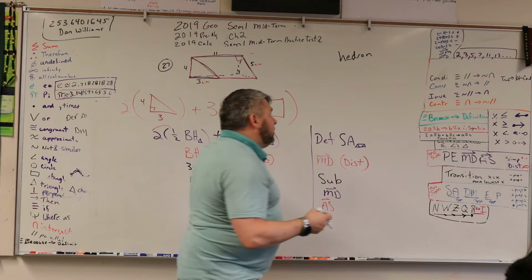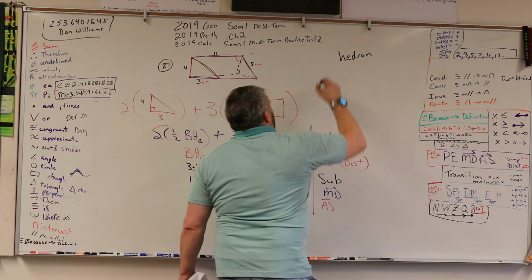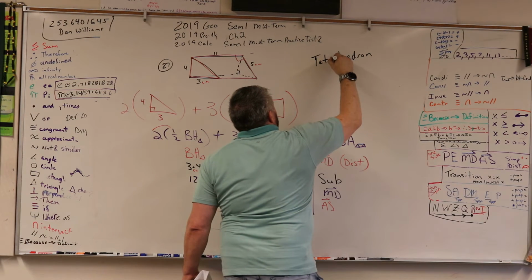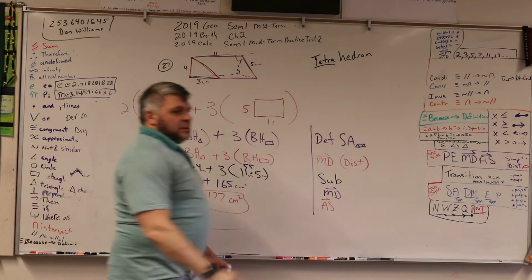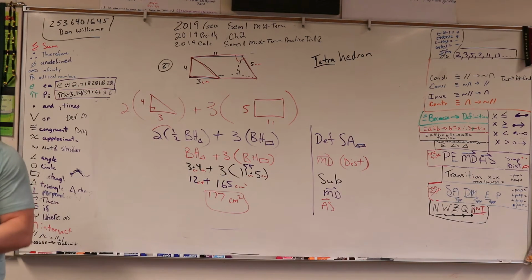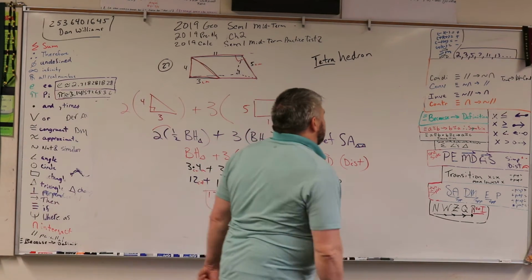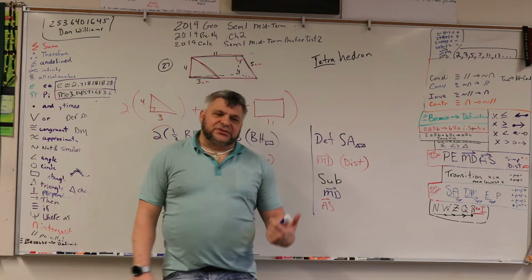And then you have what's called a tetrahedron. What's tetra? Does anyone know the word tetra? So an octahedron has 8 sides. Octa, 8 sides. Tetra, what's tetra?